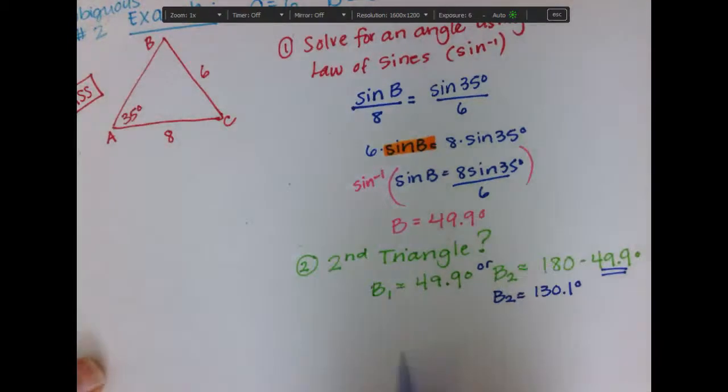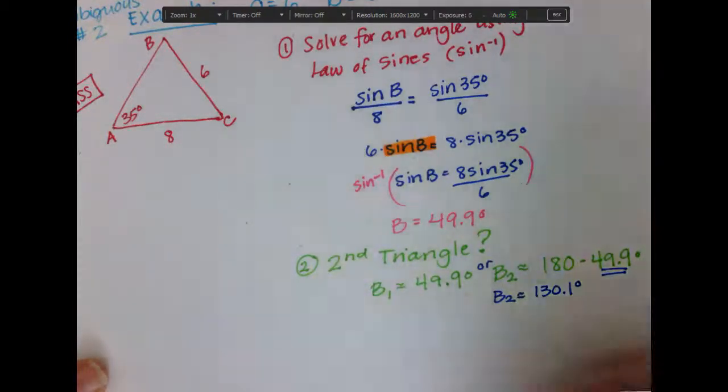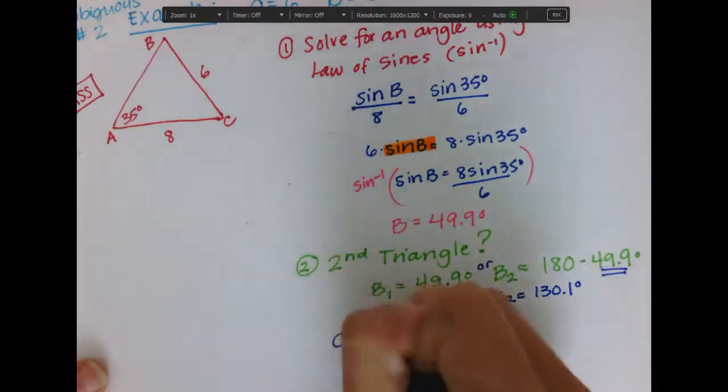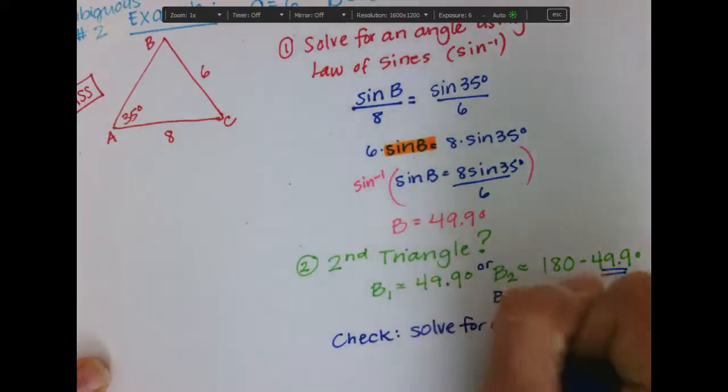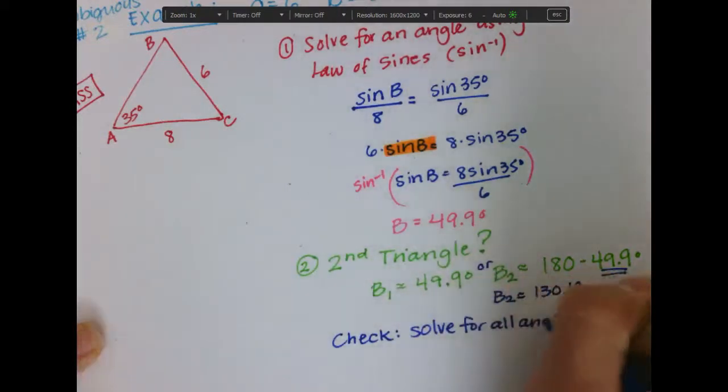So in order to check to see if this second triangle actually exists, you'll want to solve for all the angles in each triangle.